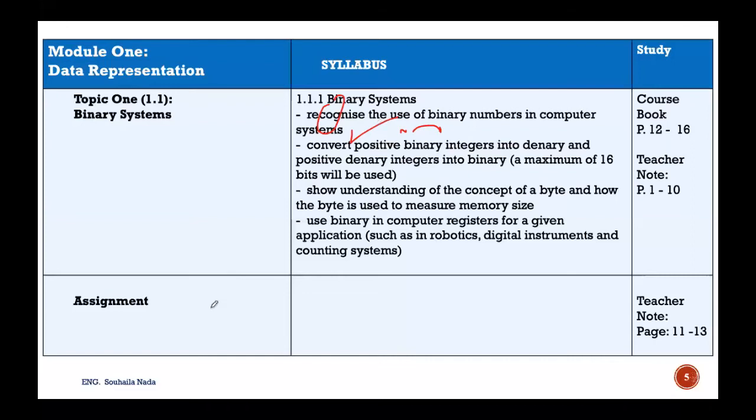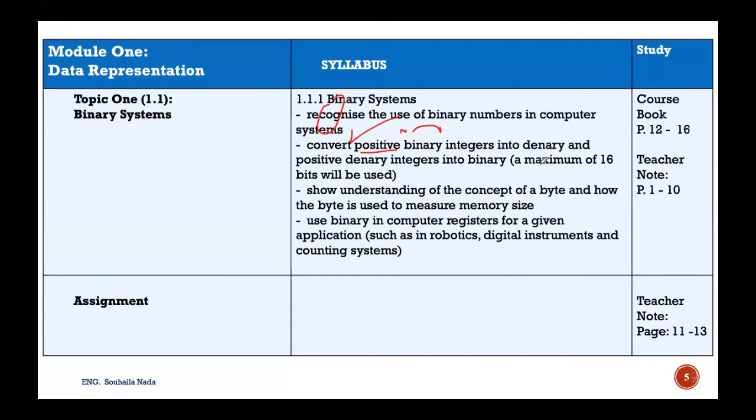So here at the beginning, this is the topic regarding the syllabus. Recognize the use of binary numbers, conversion, convert positive binary integers. Here we focus on positive because we are dealing with negative and positive numbers. In your syllabus, we cover only the positive binary numbers. How to convert binary to decimal?